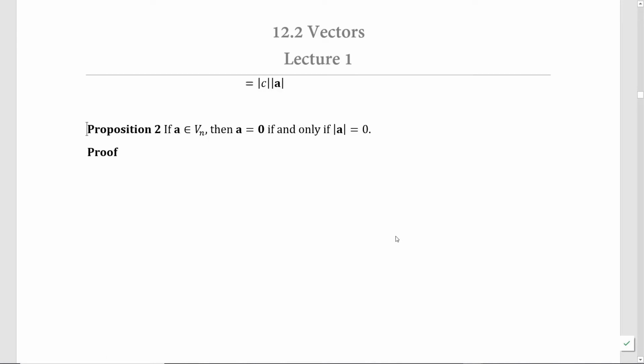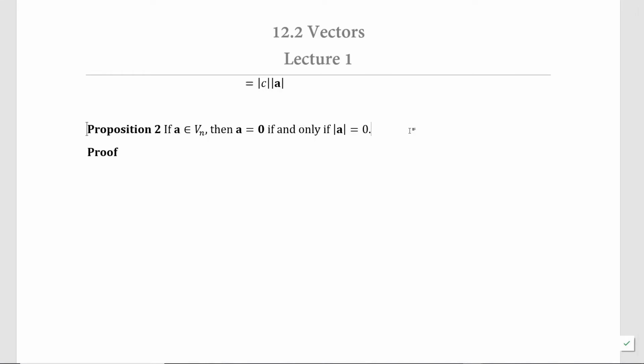Proposition 2. If A is an n-dimensional vector, then A is the zero vector if and only if the magnitude of A equals 0. Note here, the zero on the left is the vector 0, which has all components 0, and the zero on the right is the number 0, or scalar 0.